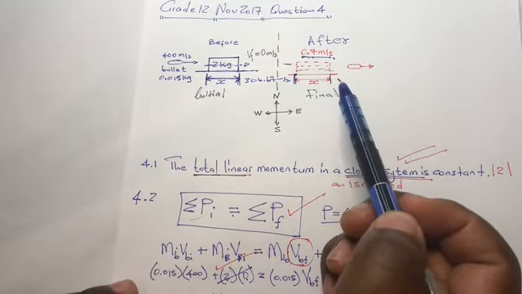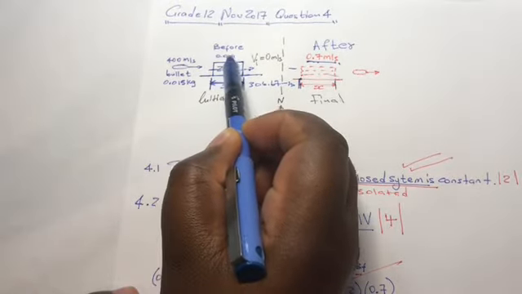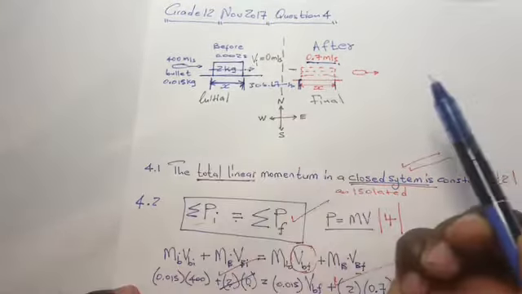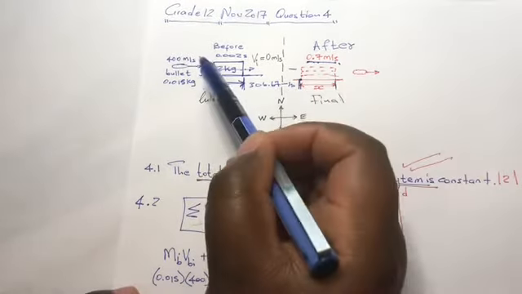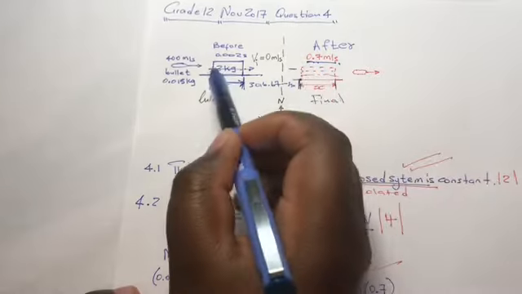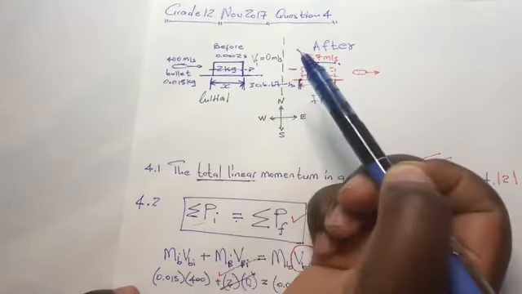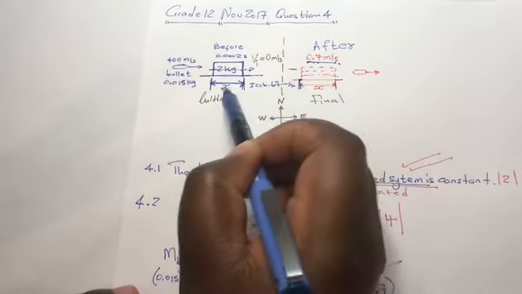We're told it took 0.002 seconds. So we can use this information to calculate the length of that block, which is x.